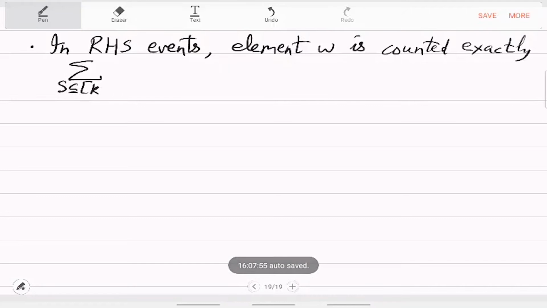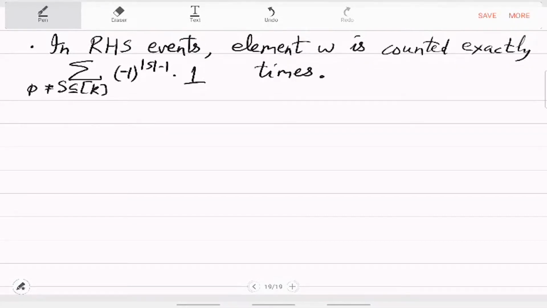So, non-empty subsets of 1 to K, -1 to the size of S minus 1, and the intersection of these Ai, in which each of these Ai, omega is present. So, that count is only 1.